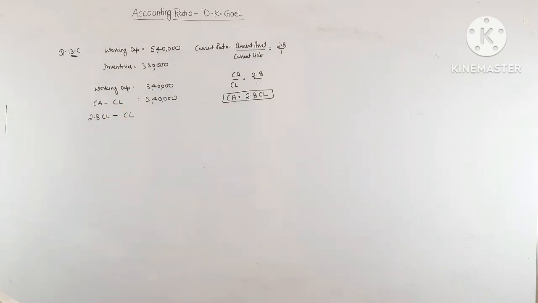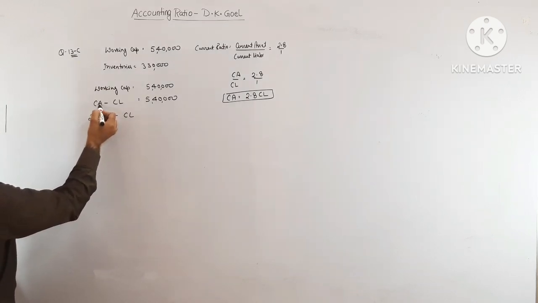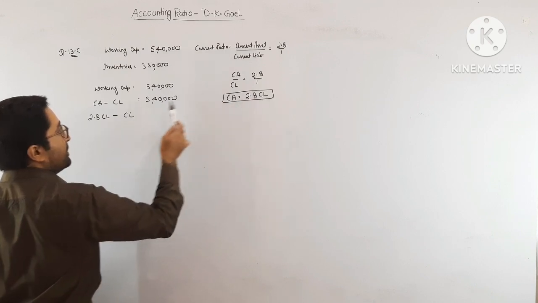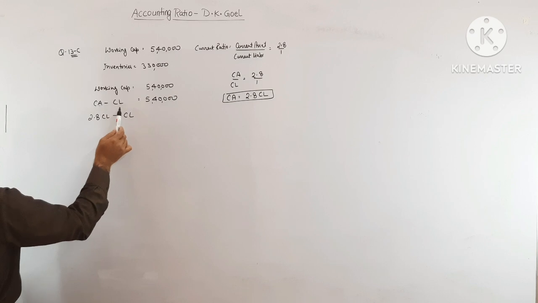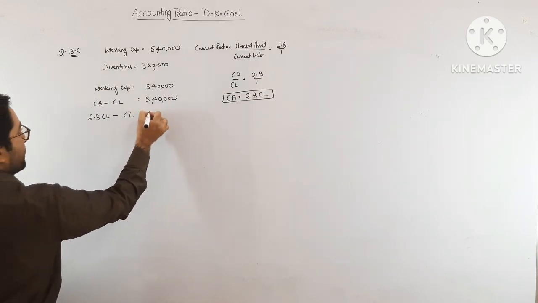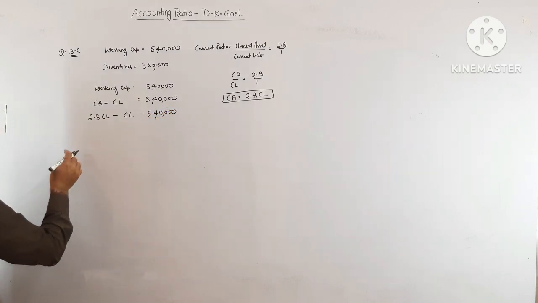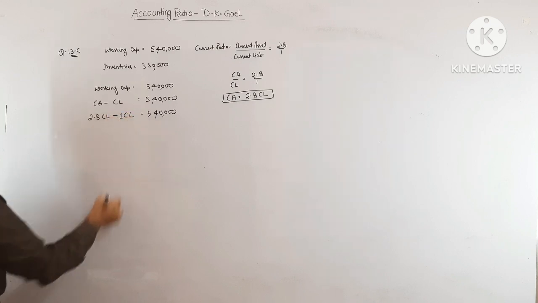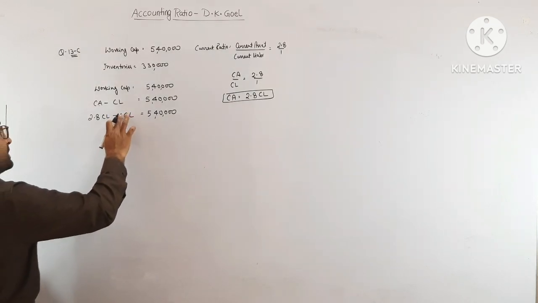Any doubt? See again, in the place of current asset, we can write 2.8 into current liability, minus this current liability, equal to 5,40,000. So 2.8 minus current liability, it can be written as one current liability. If no number is given, then we assume it is 1.